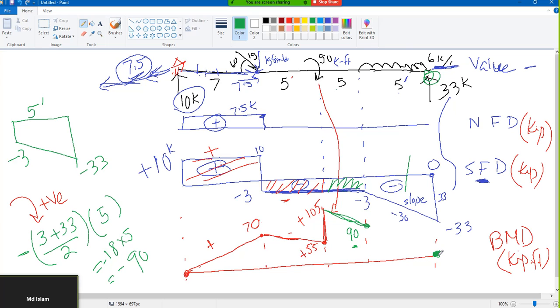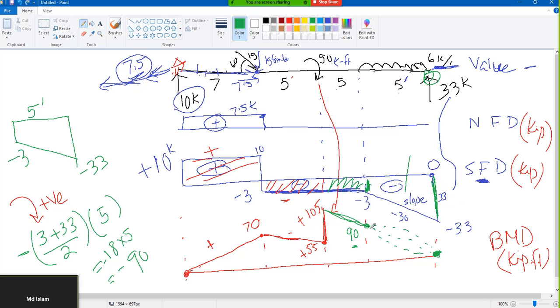Question is, how will I go here? Straight line, concave down, concave up? Common sense, what I am applying: less value is here, more value is here. So I will decrease slowly at the beginning and jump at the end.